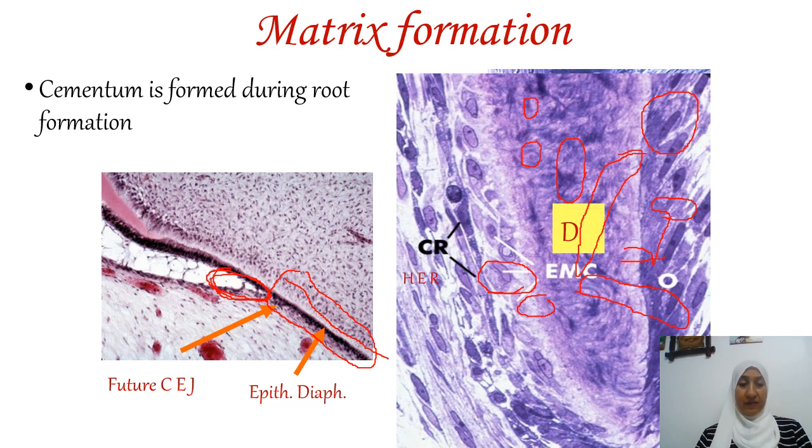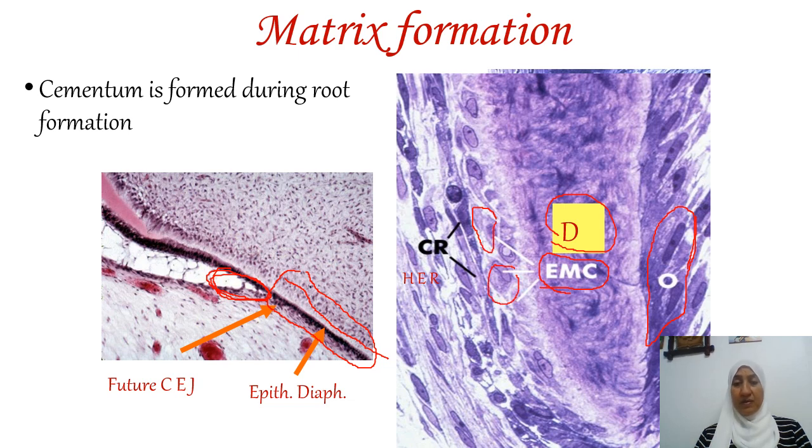Let's remove all of these circles and lines to see the section properly. We have here the newly formed dentin, and here you are the odontoblasts, and these are the undifferentiated mesenchymal cells that will differentiate later on into cementoblasts.